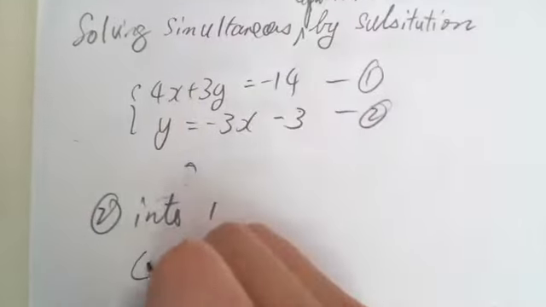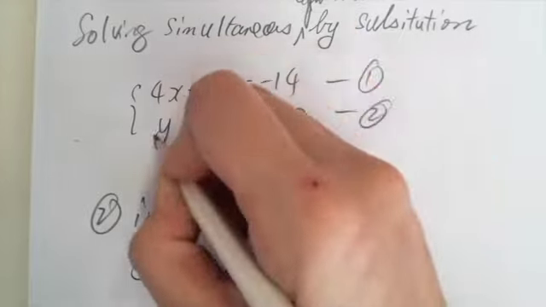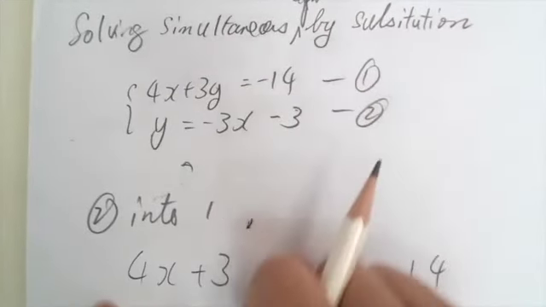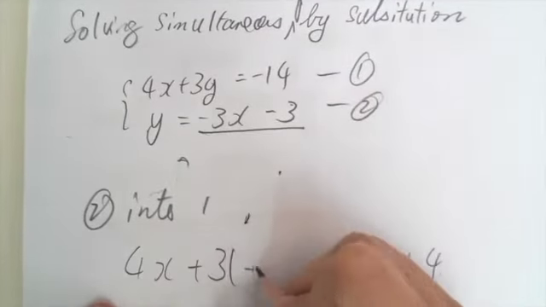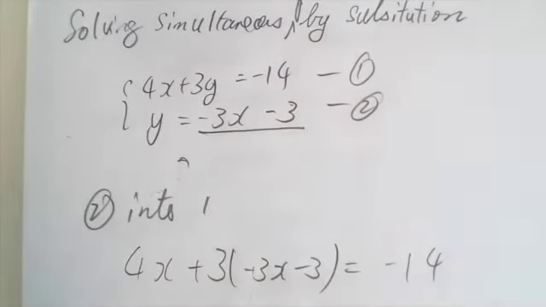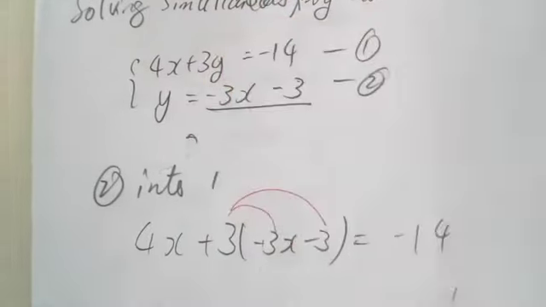So we have 4x plus 3, replace the y, equals negative 14. But now we do not want the y. We want whatever y equals. So we have negative 3x minus 3. Okay, and then we expand it. Make sure you multiply by all of them.